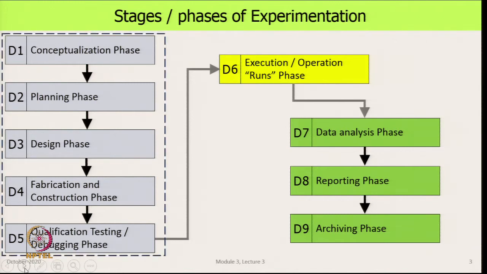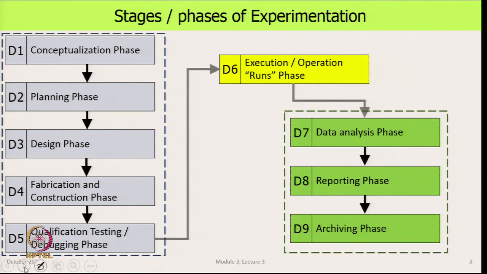We grouped these phases in 2 distinct categories. One was all these D1 to D5 and the other on this side, which is D7 to D9. And we called these the pre-test activities or the pre-test phases, and the other one was the post-test phase.